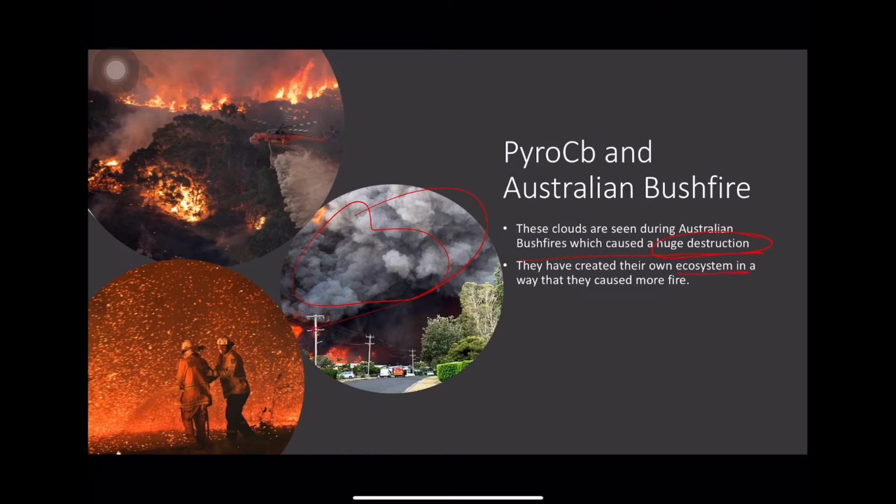They have created their own ecosystem, in such a way that these pyrocumulonimbus clouds generated more fire, again more pyrocumulonimbus clouds were generated, and again those clouds generated more fire. That is how this bushfire in Australia intensified itself.